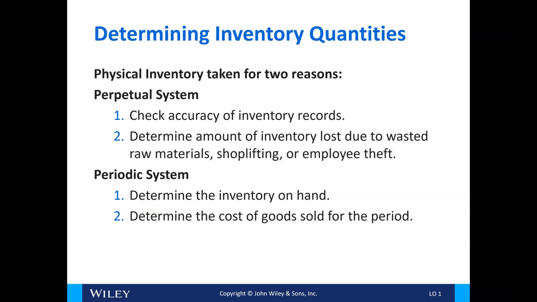Whereas the periodic system, you have to determine the inventory on hand every month. And then you determine the cost of goods sold based on what you started with, what you bought, and what's left over. That difference is going to be cost of goods sold.